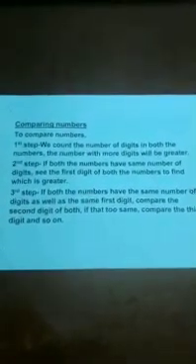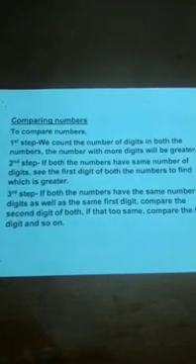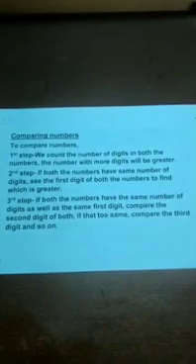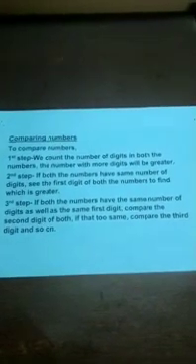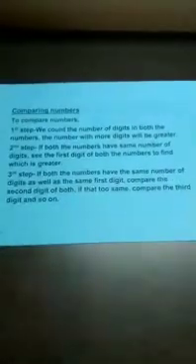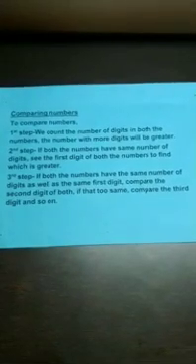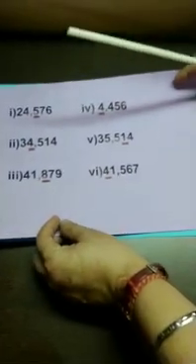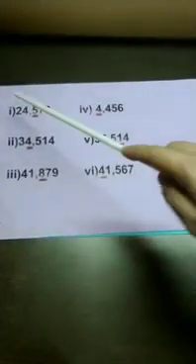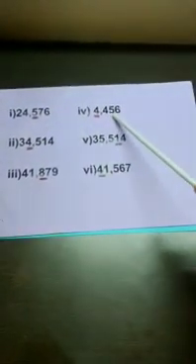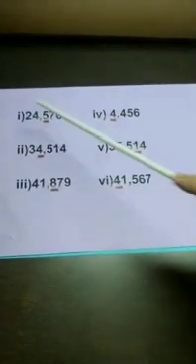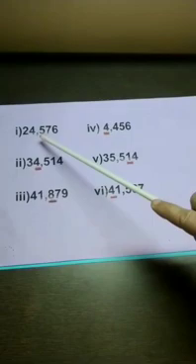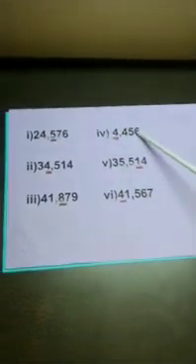Comparing numbers. When we compare numbers, we count the number of digits in both the numbers. Now look at this number. If we compare these two numbers, this number has more digits than this number. So obviously this number is greater than this.